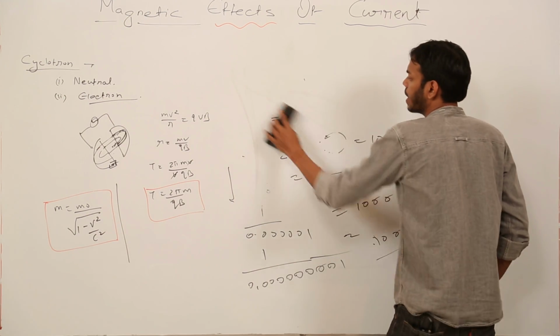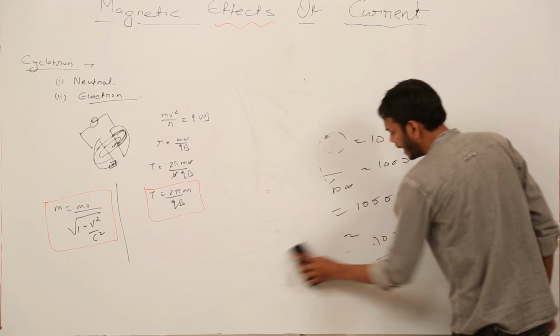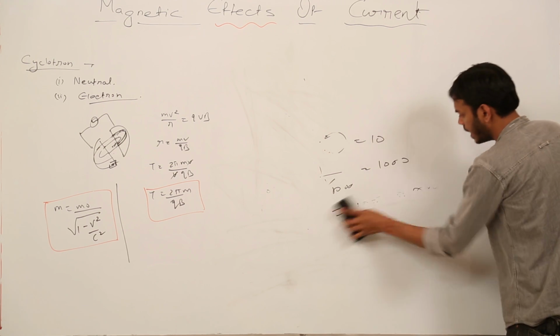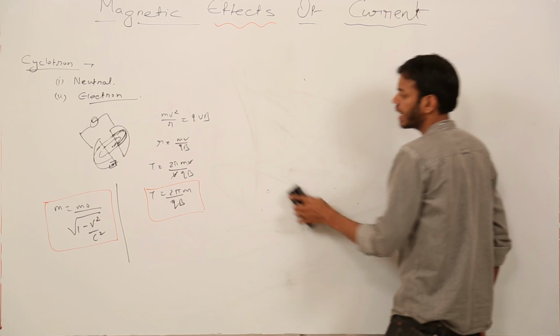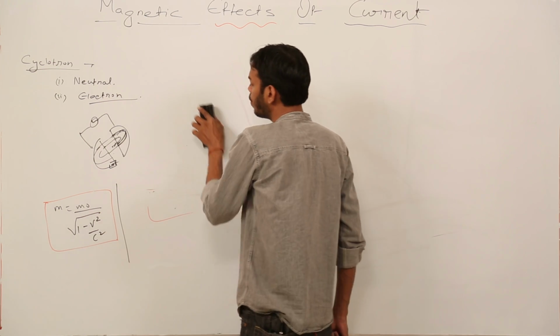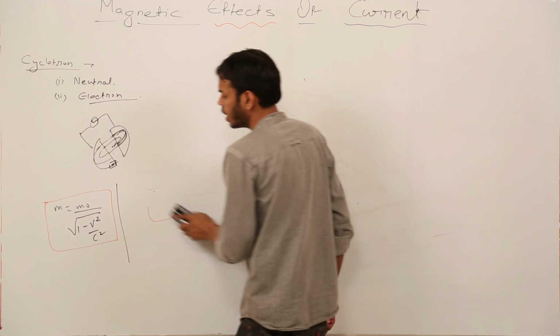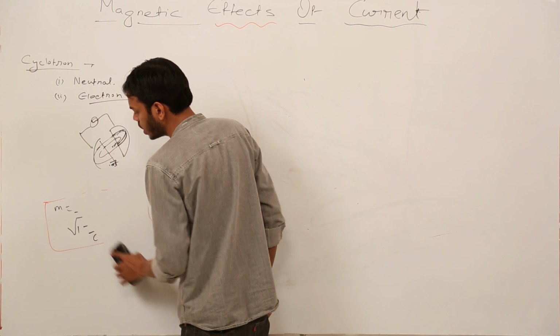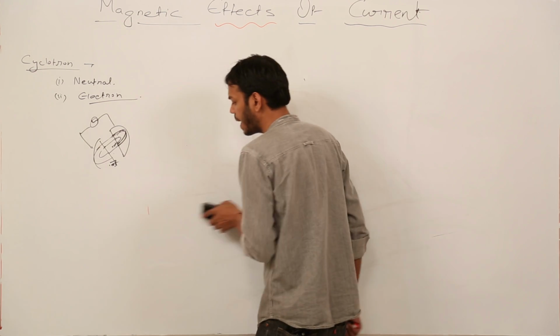Alright, so let's summarize the few formulas which we know up to this point, and on the basis of that, let's do some more expressions in magnetic field, which is magnetic effects of current. What are the things left for us to do? We have to find out the force. We just found out what? These were all related with the force acting on one charge moving in a magnetic field.